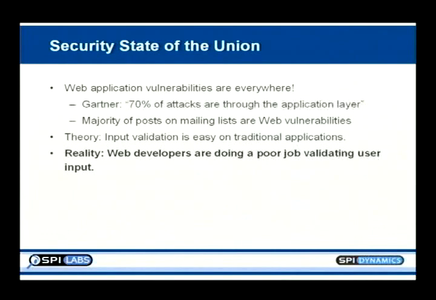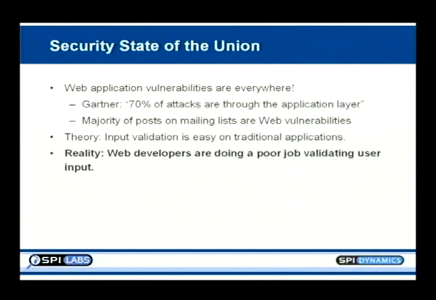You can't read Full Disclosure, any of the security mailing lists, without seeing just a mess of cross-site scripting vulnerabilities, SQL injection vulnerabilities. So as we say, this is where things are going, this is where things are growing, and it just makes sense because hackers are lazy. So the theory here that we've kind of established is input validation should be easy in these traditional applications because we know everything ahead of time. We know data types, we know ranges. The reality is web developers are doing a very poor job of this.